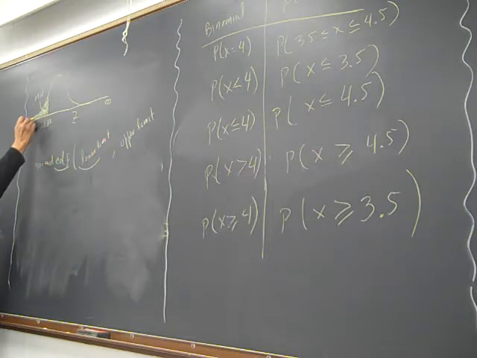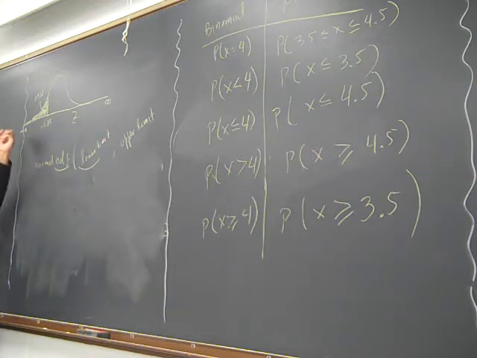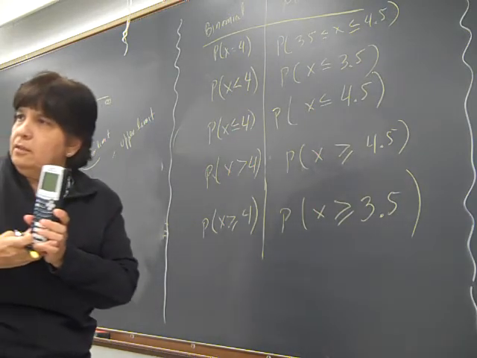I want to know the area below negative 1.33, so I have to give it the lower limit. But how do I enter minus infinity in my calculator?